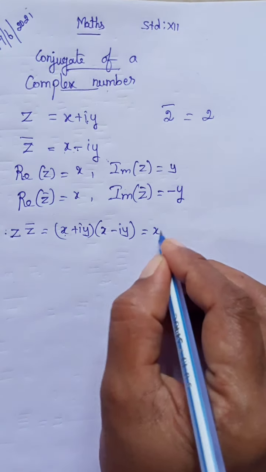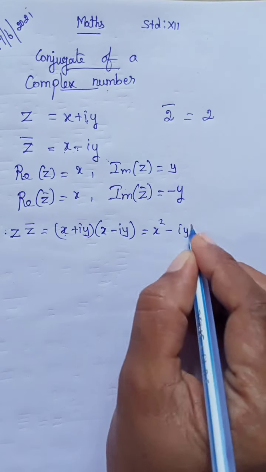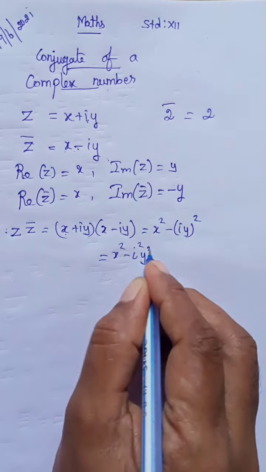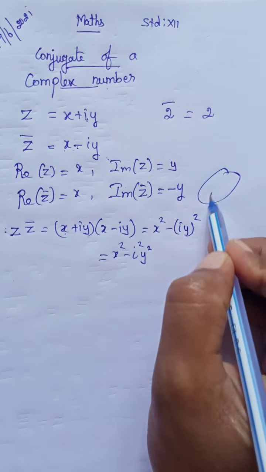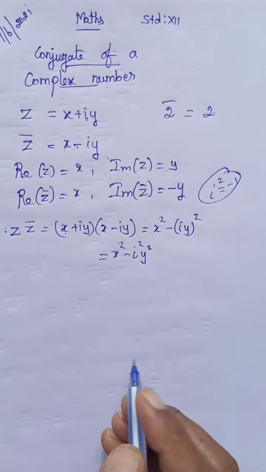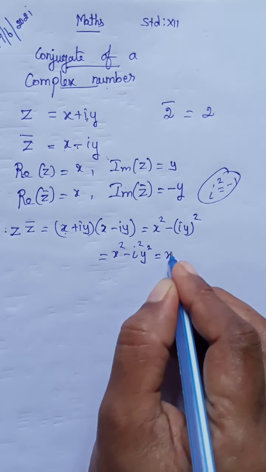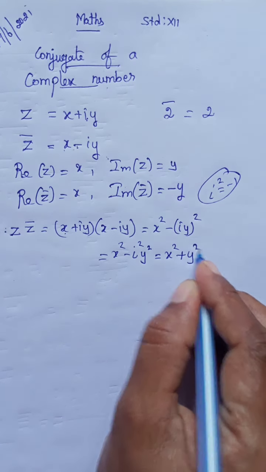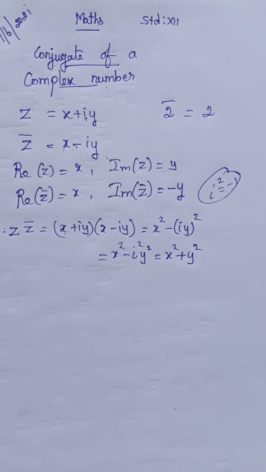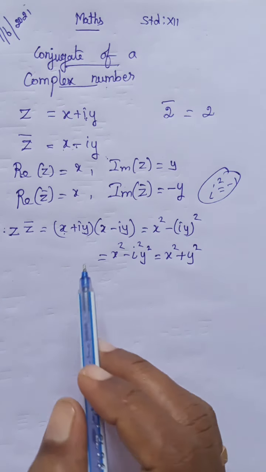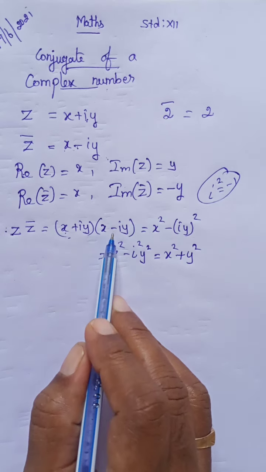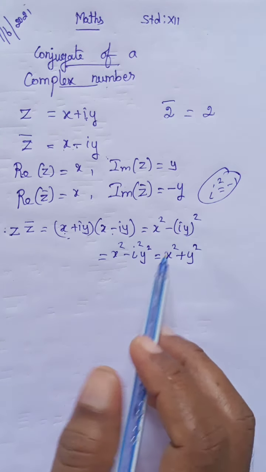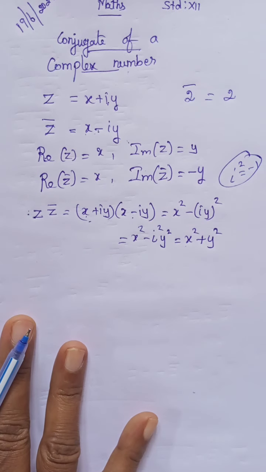So we will be getting a square minus b square, or x square minus i square into y square. We know the value of i square is equal to minus 1. So we get x square, minus of minus 1 is plus y square. So wherever we are getting the product of a complex number and its conjugate, we can directly write it as x square plus y square. I hope now we can move to the problem.